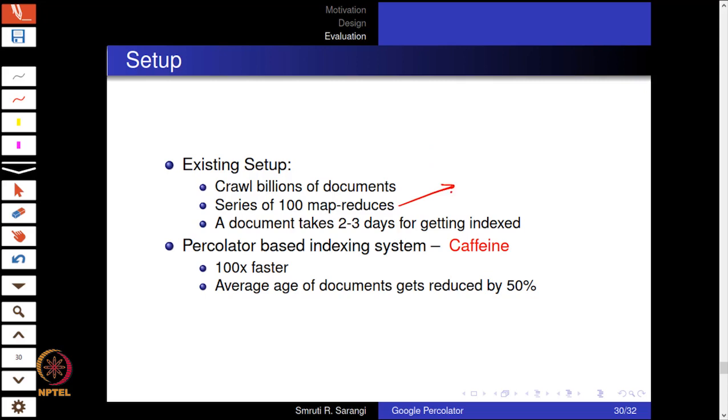The default baseline system that Google was using was MapReduce. MapReduce is a paradigm that has been there for quite some time. I would not be covering the details of it, but viewers are requested to take a look at MapReduce elsewhere.